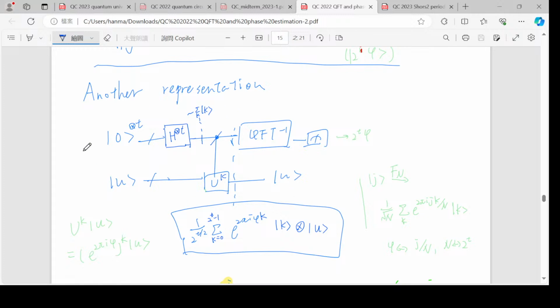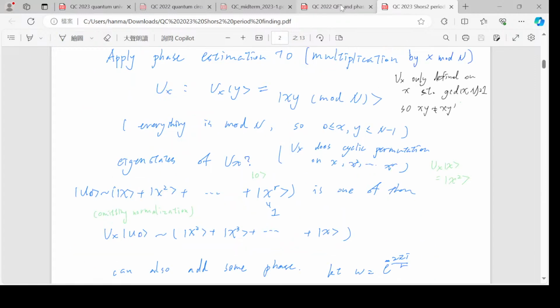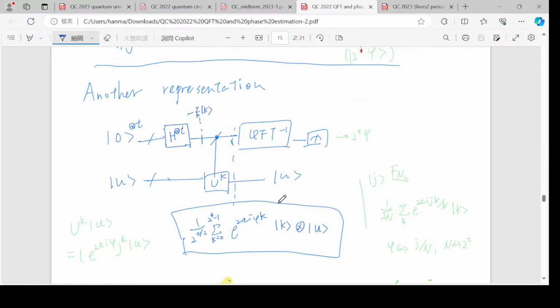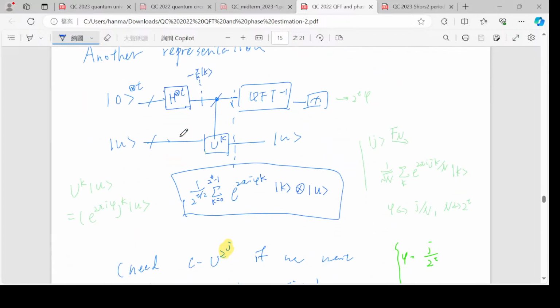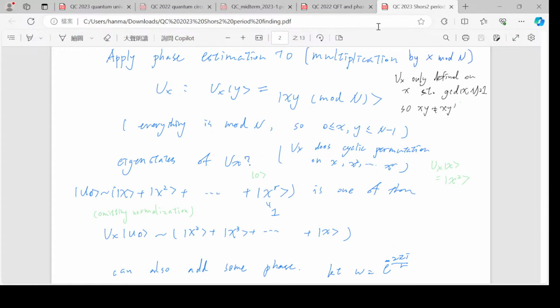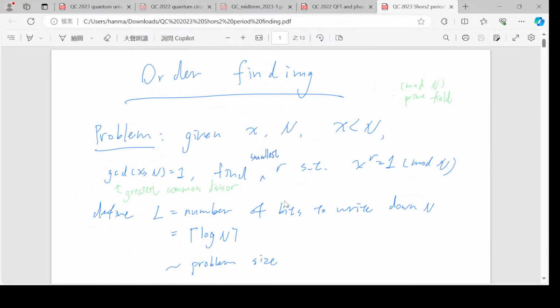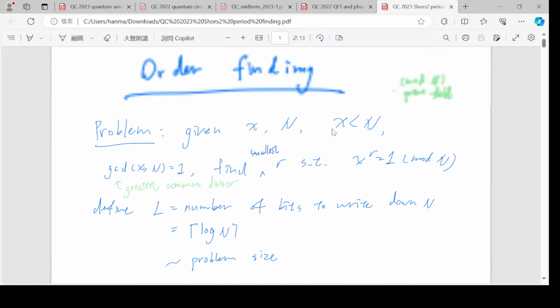So this is very fast. Okay, so that's a small review about phase estimation. But anyway, we want to find the phase of some unitary. So what's this unitary that we want to use to do phase estimation to solve our problem?